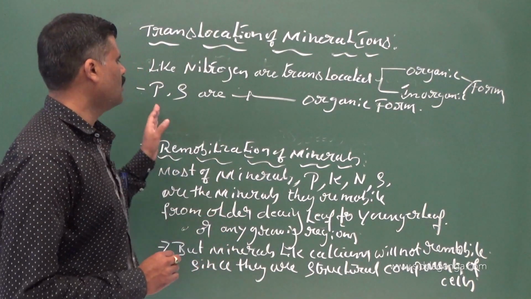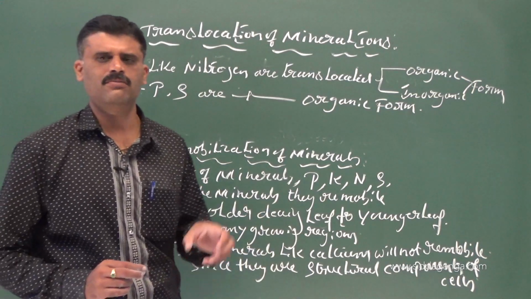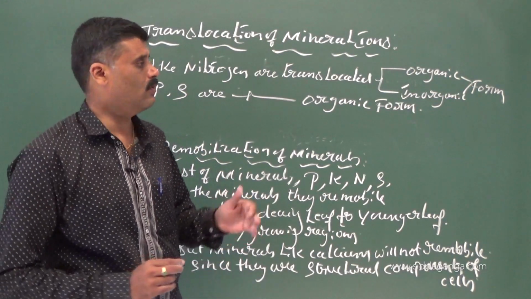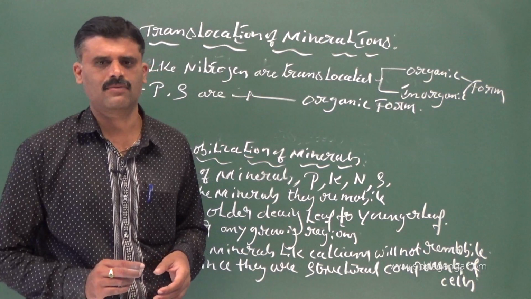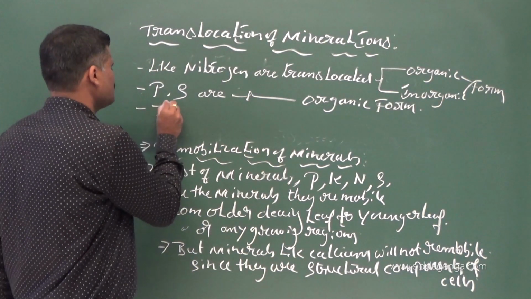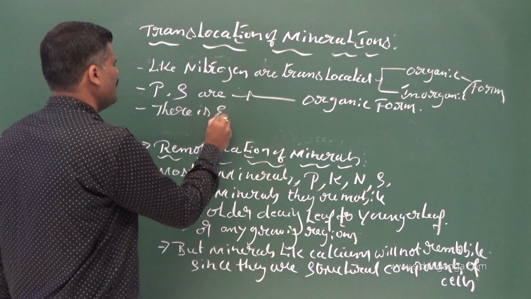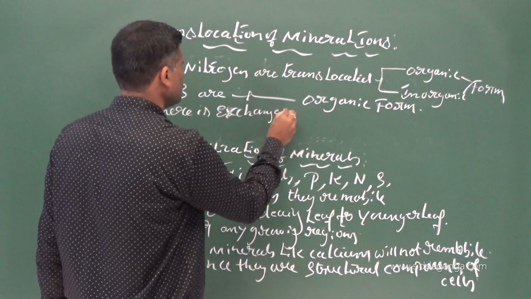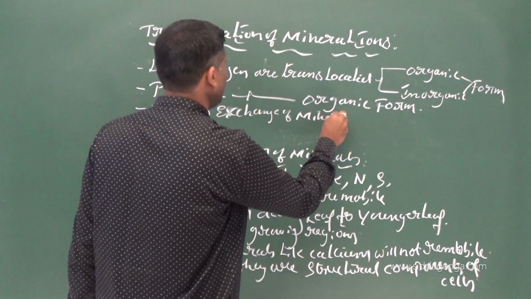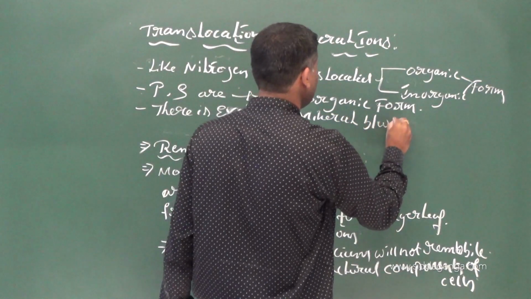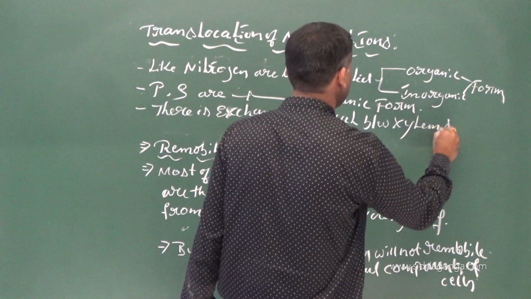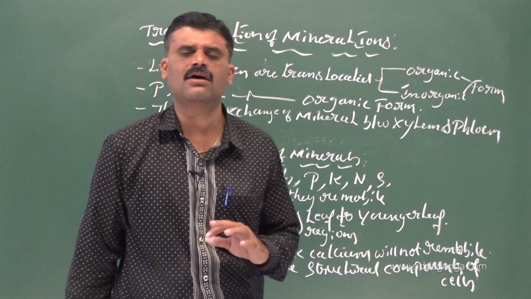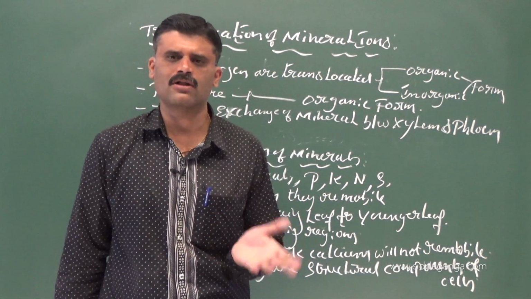Okay, then the translocation of minerals by xylem occurs in both organic and inorganic form, and there is exchange of minerals between xylem and phloem also. So there is exchange or movement of minerals between xylem and phloem.